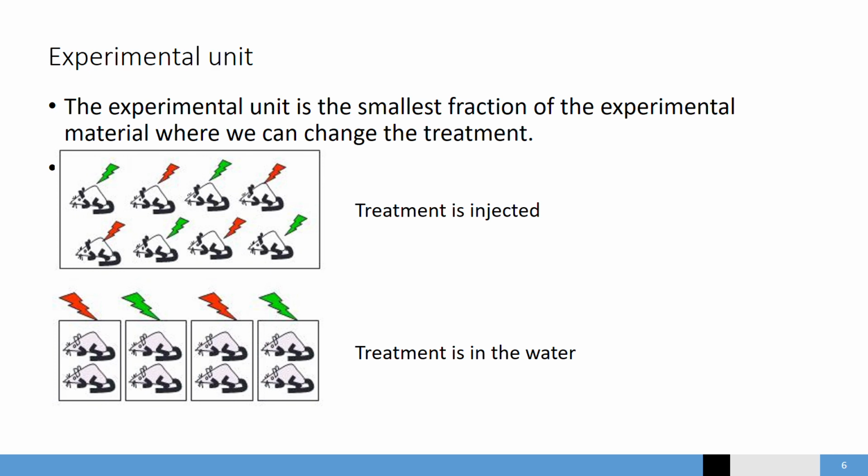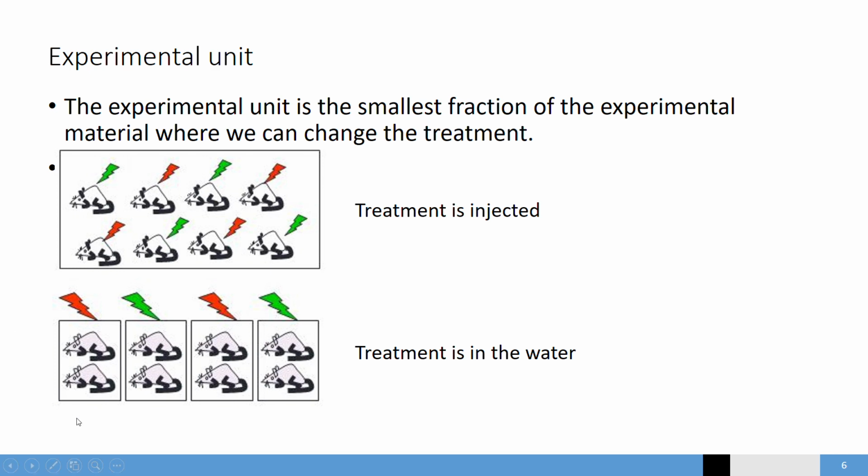Okay, so when we say that we need 20 or 25, we need 20 or 25 experimental units. The experimental unit is defined as the smallest fraction of the experimental material where you can change the treatment. So if you inject your treatment to the animals, then you may decide for each animal which treatment it will receive, and the experimental unit here is the animal.